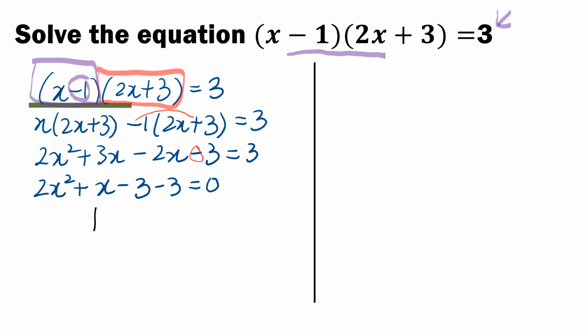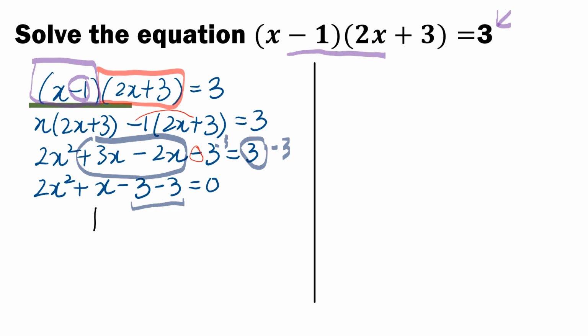This one here, this is 3x. So minus 2x will give you 1x. 1x is just x. And then this guy here, 3, you want to bring it to the other side. So you have to subtract 3 on both sides. That's how I end up with this.